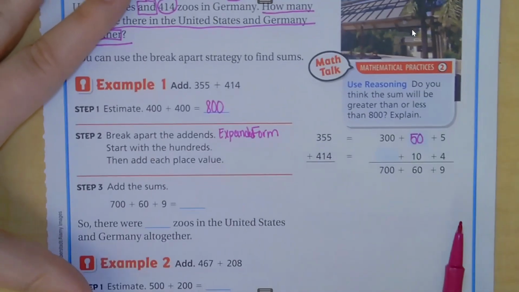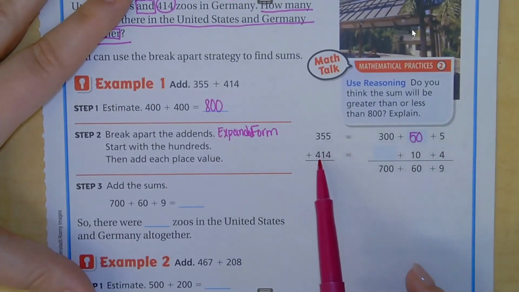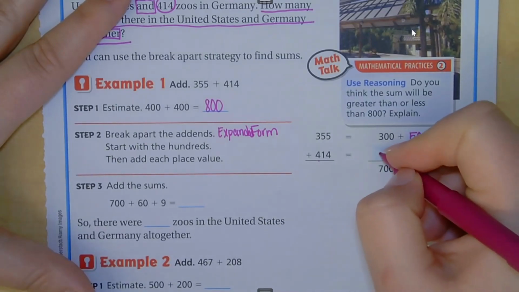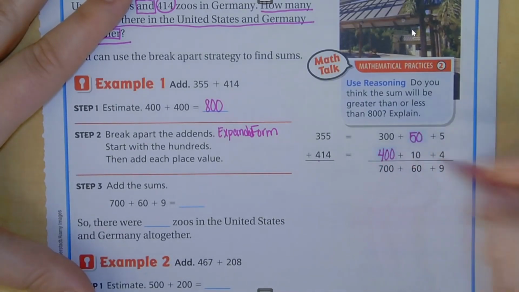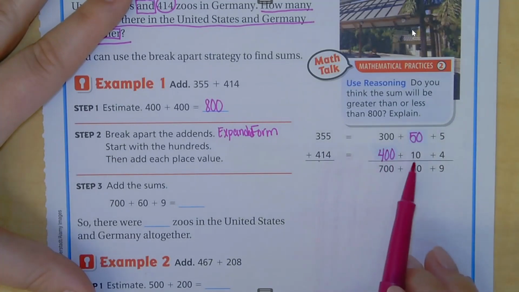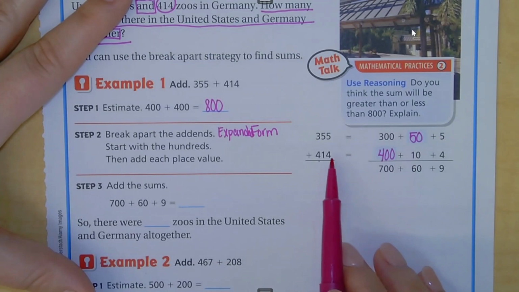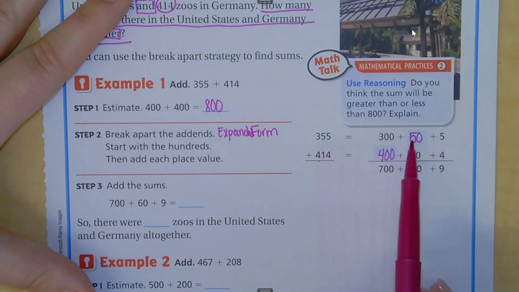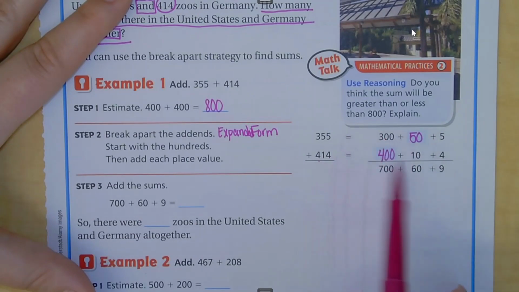Let's look at the second number. 414. Your hundreds place is a 4, so 4 hundreds equals 400. Your tens place is a 1, 1 ten equals 10. Your ones place is a 4, 1 four equals 4. So our numbers have both been broken apart and written out in expanded form.